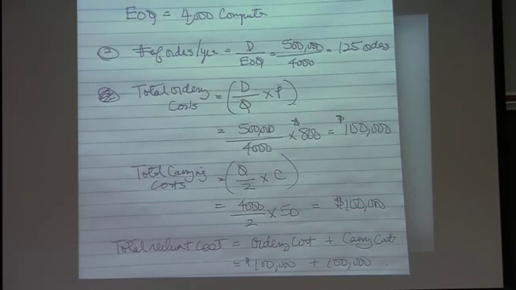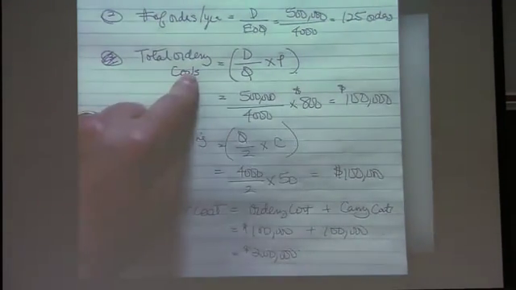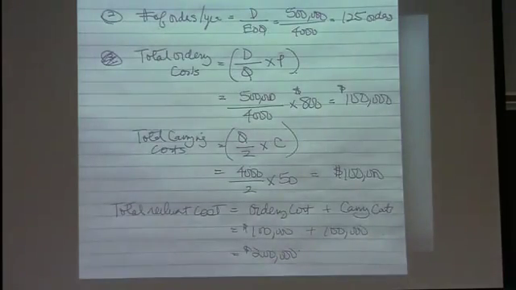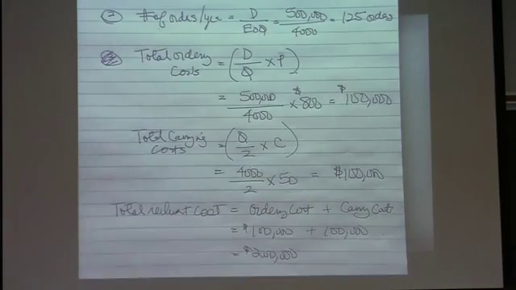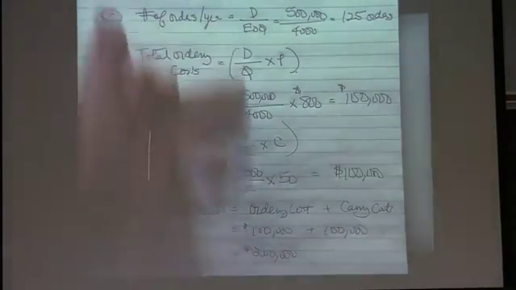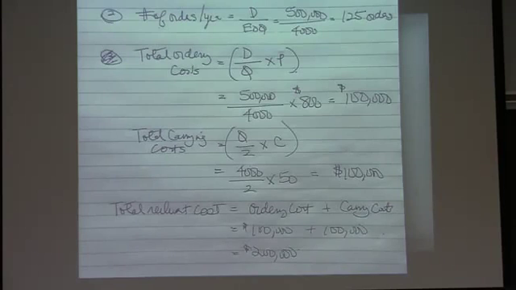If you order more than 4,000 every time, then the ordering frequency will be less. This will be lower, but this will be much higher because you're carrying more inventory. Again, the sum of these is going to be greater than $200,000.